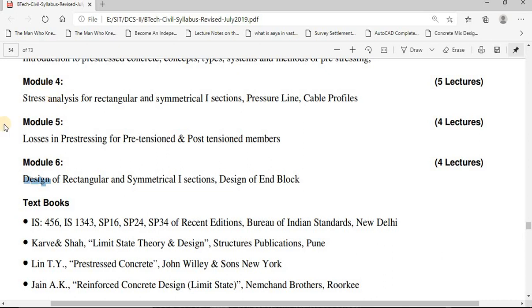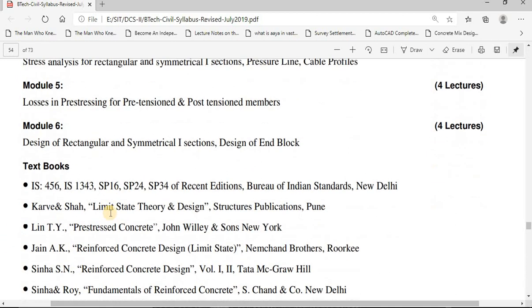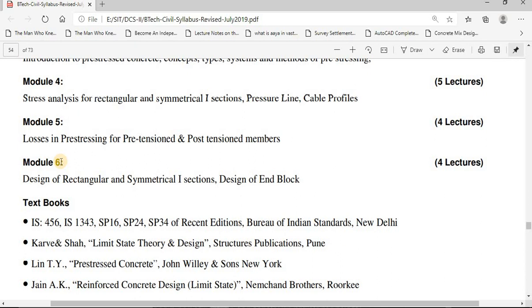After analyzing the forces and stresses, we need to design a rectangular and symmetric I section and the end block. Remember, the design of pre-stressed members is very different compared to normal concrete structures.